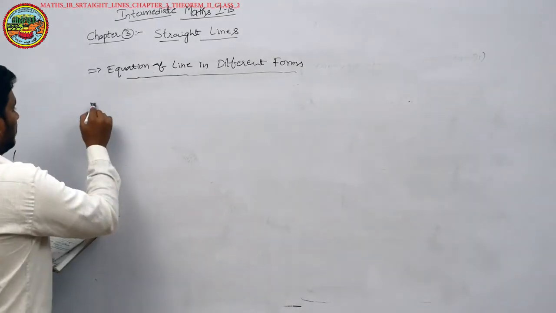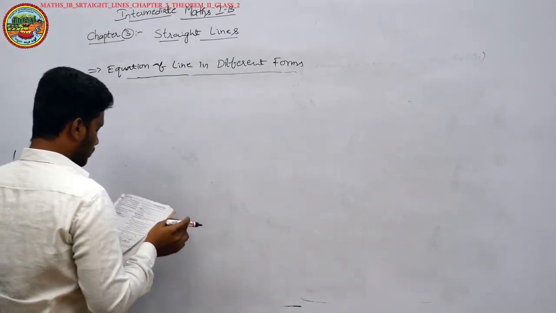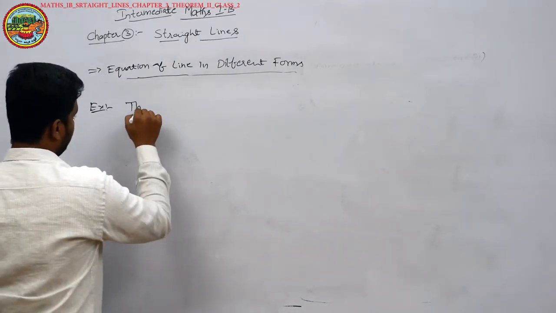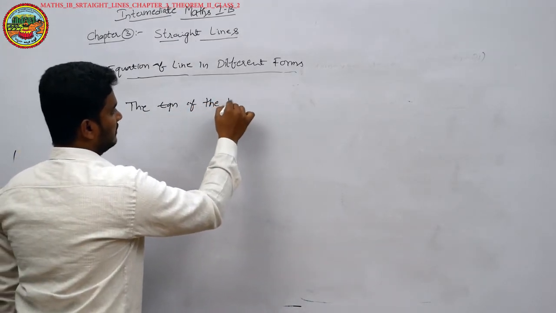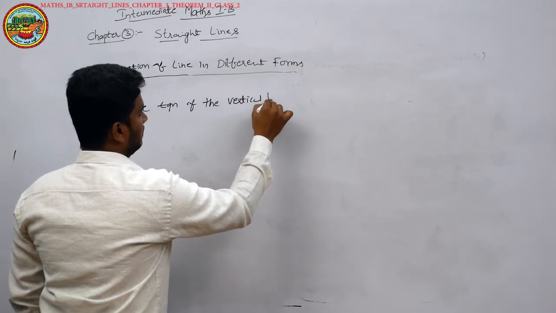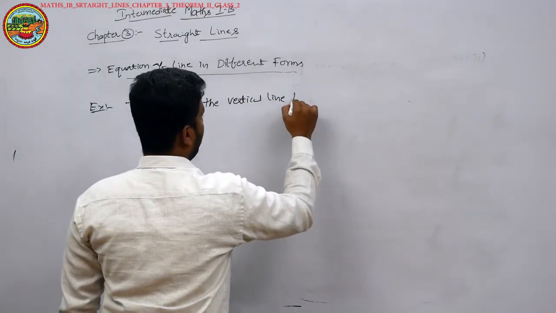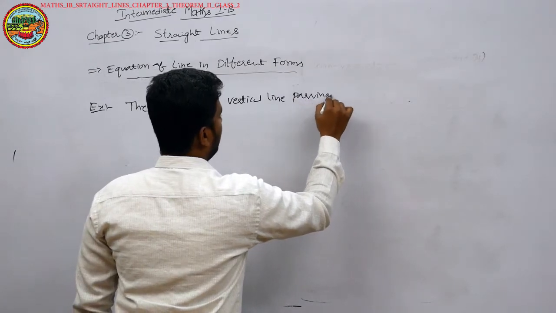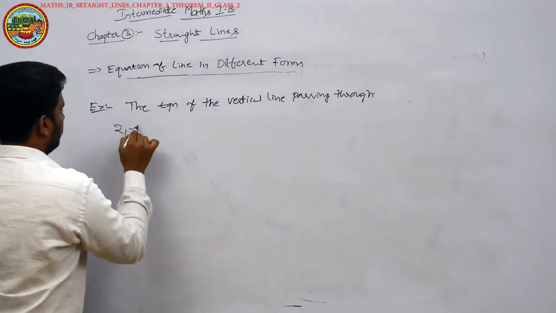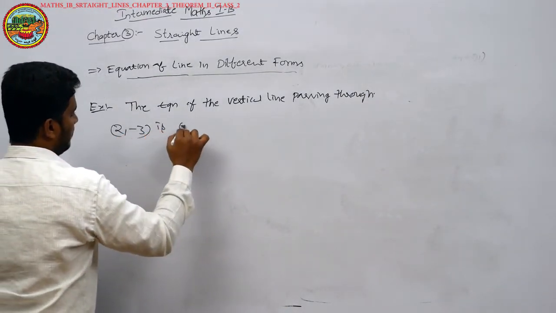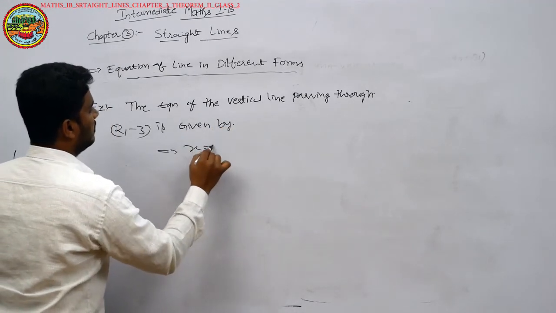So here is example 1. The equation of the vertical line passing through 2 comma minus 3 is given by x is equal to x1.